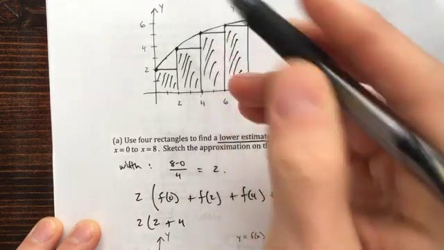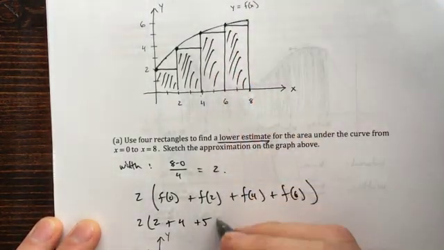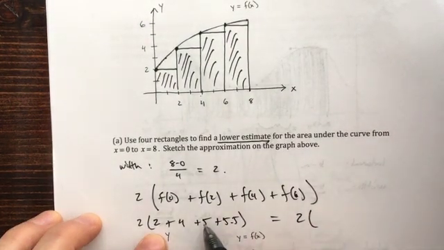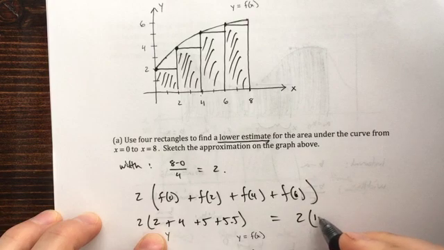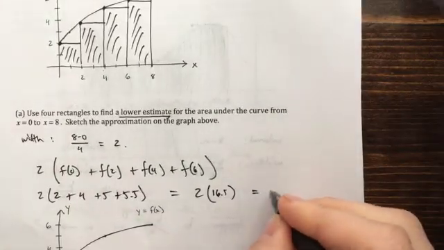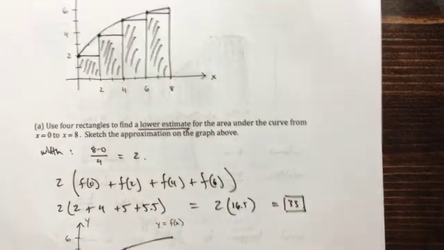F of 4 looks like it's about 5. F of 6 looks like it's about 5.5. So that should be 2 times 6, 11, 16.5, which is 33. So it looks like it's about 33. If your estimation isn't exactly that, that's okay.